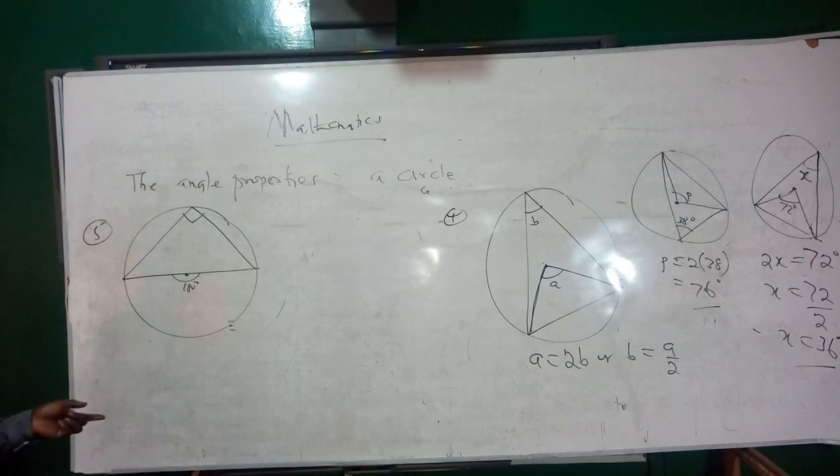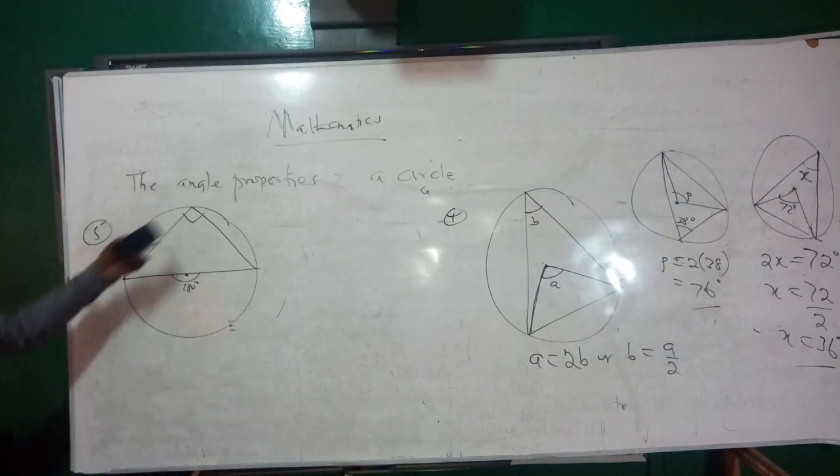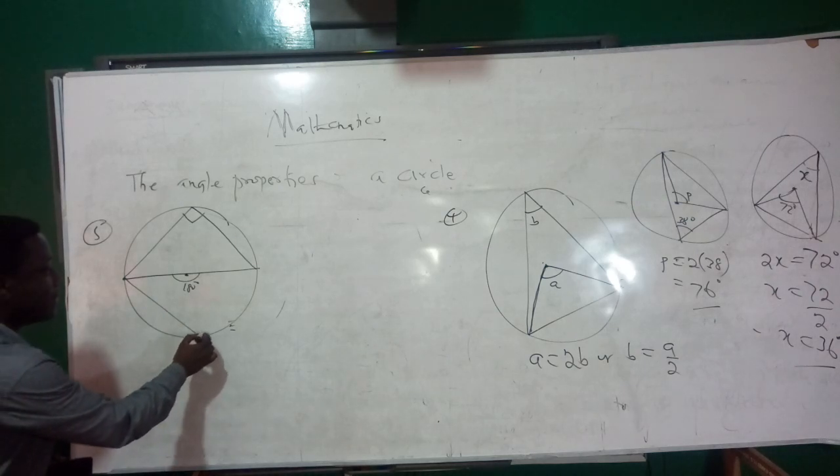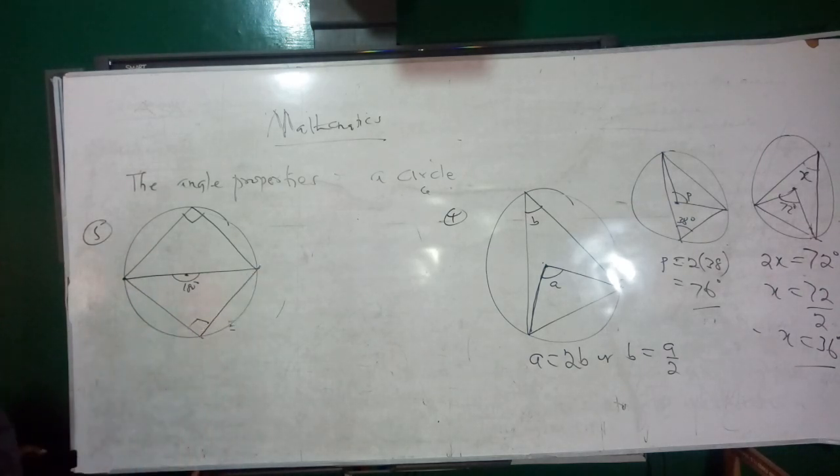In fact, for this particular property, the angle formed in any of the segments, not just in one of them, could be in this segment, or it could even be in this segment. It is still 90 degrees.